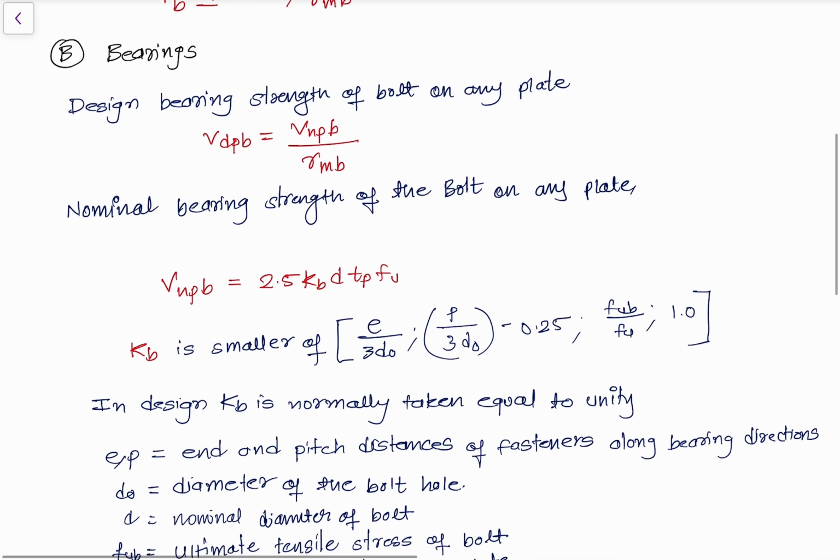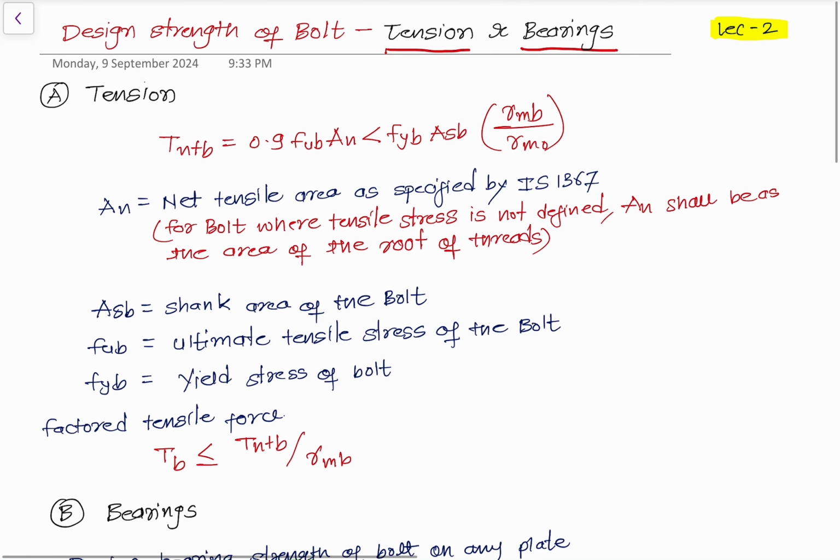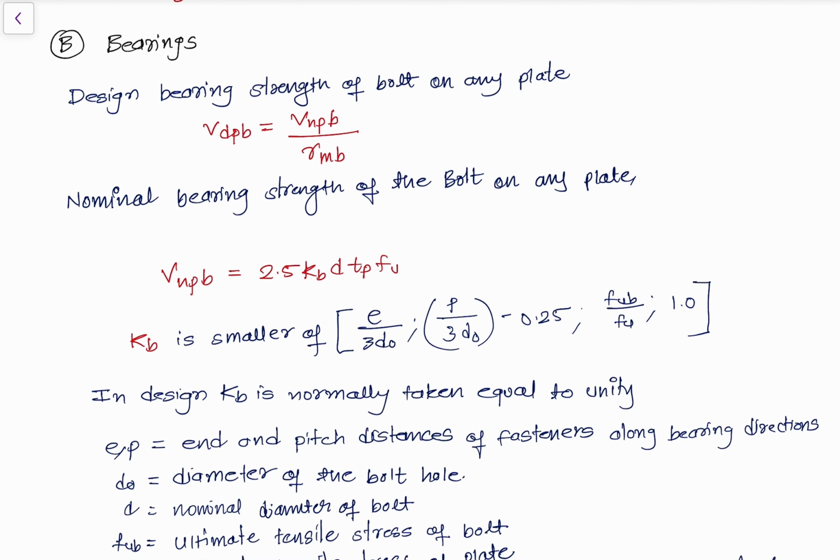Now let's go to the calculation of the bolt in bearing. If you want to design the strength of a bolt in bearing, the design bearing strength of the bolt on any plate is given by Vdpb. The formula is Vnpb divided by gamma mb. To calculate Vnpb, there is a separate formula: Vnpb equals 2.5 kb d tp fu.